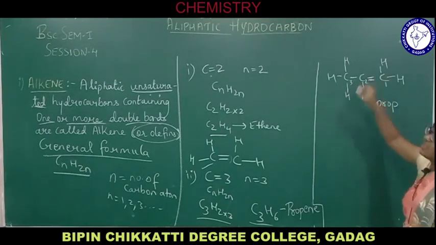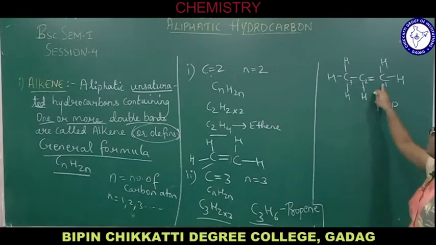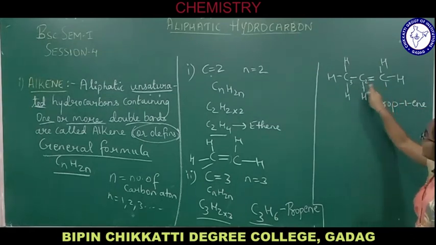propene. "ene" means double bond. But between which carbon atoms? Between 2 carbon atoms the double bond is present. Which are those 2 carbon atoms? Carbon number 1 and carbon number 2. So we are going to take carbon number 1, the lowest preference we are going to utilize over here, 1, and then "ene". That means between carbon number 1 and carbon number 2, the double bond is present.